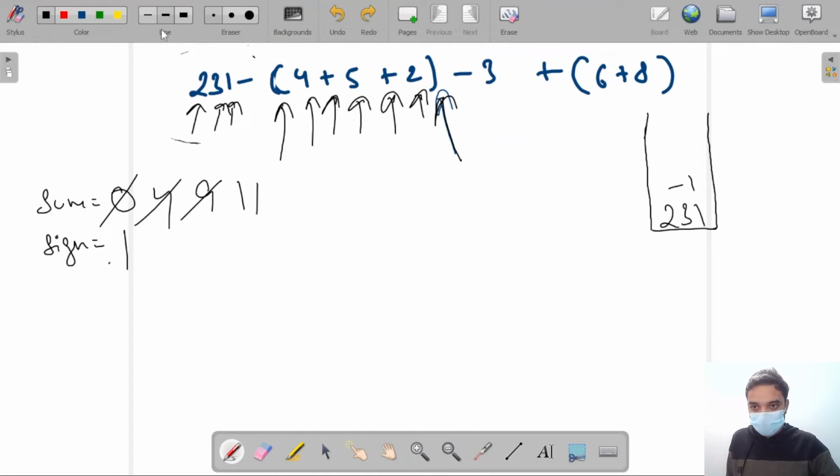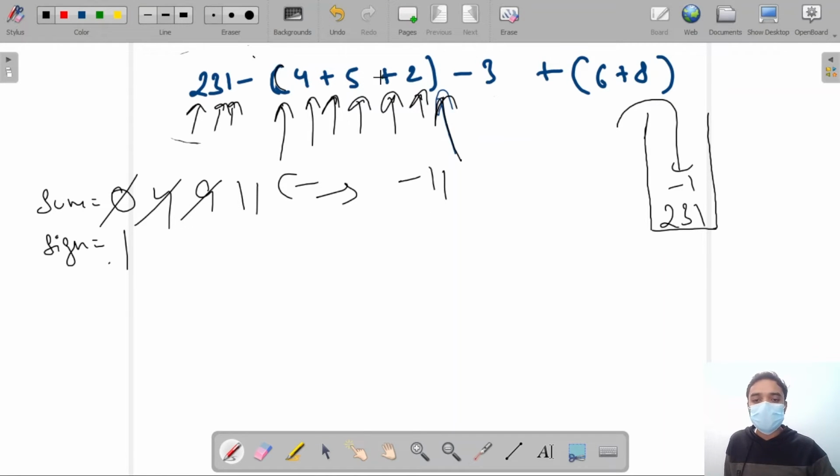So now I get my sum till this bracket, which is equal to 11, okay, fine. So now I'm going to pop my sign first out, because my sign was at top and my sum was at bottom, okay. So I popped my sign out, and I just multiplied my sign with my sum, which is equal to minus 11, and that is fine.